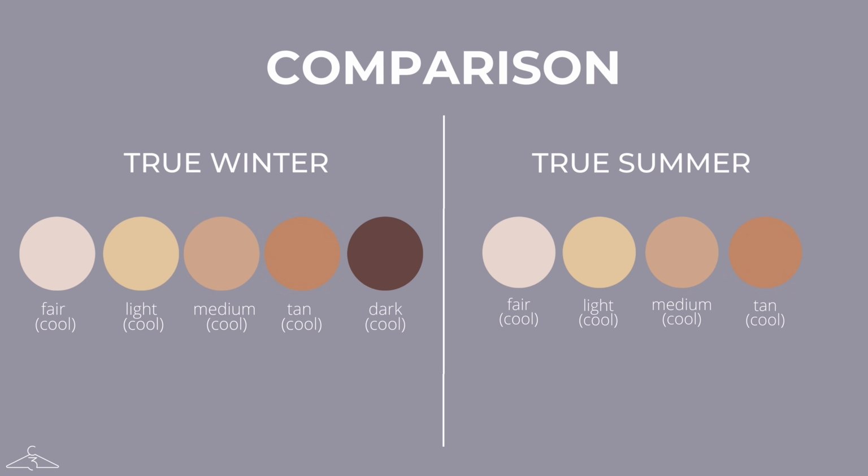So basically, to summarize, the difference between the skin tones of winter and summer are the fact that winter is going to have a broader range of skin tones, while summer is going to have a less broad range, meaning that if you have skin that is a lot darker and deeper, you're likely to be a winter. And if your skin tone tends to be lighter, maybe tan at the most, then you can belong to the true summer.